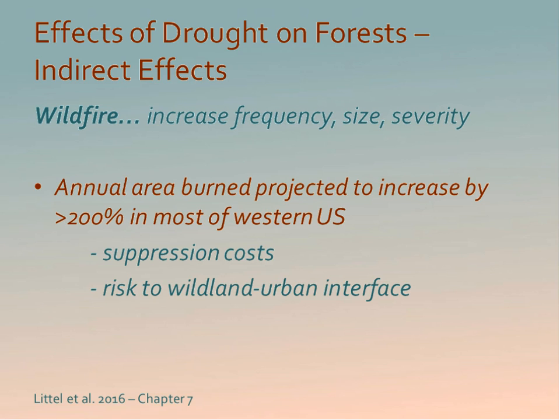I think a sobering fact is that if you begin to look at the potential projections of changing weather, drying conditions, warmer conditions, the annual area burned, as bad as it is now, or as bad as it's been over the last several years, is projected to increase by over 200% in many areas of the western U.S. And so the take-home message here is that while things appear to be and are challenging to natural resource managers now, the future portends even greater challenges.